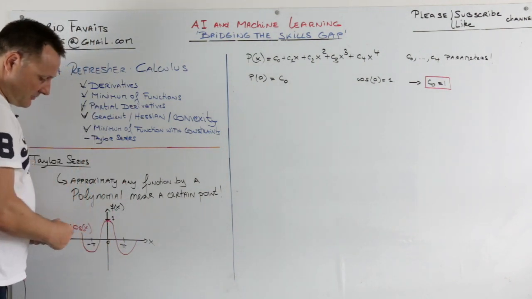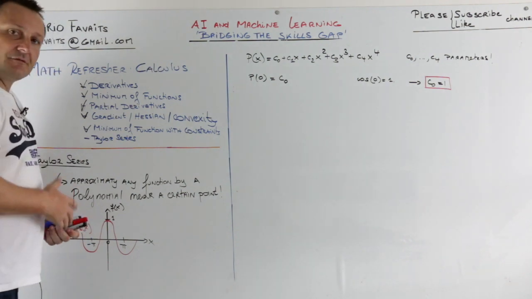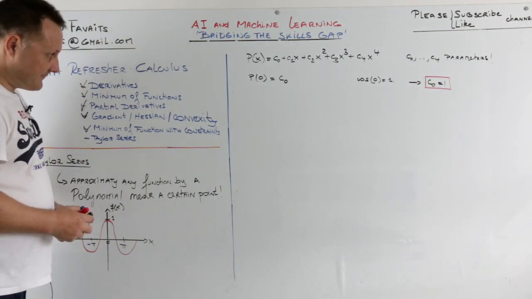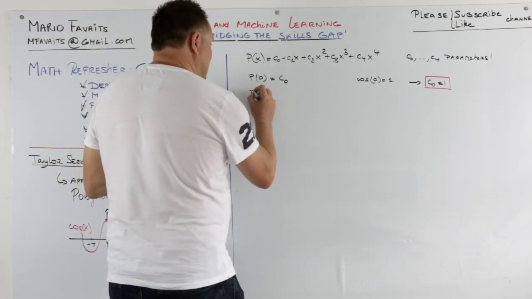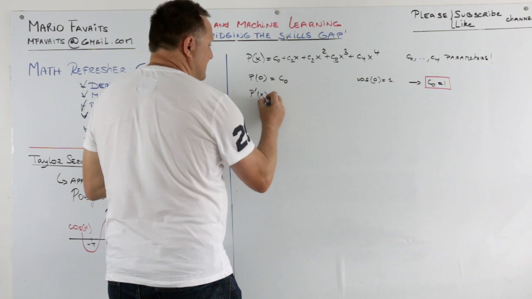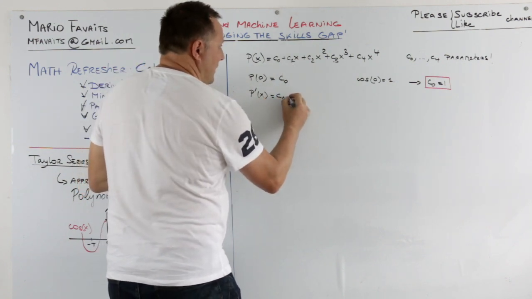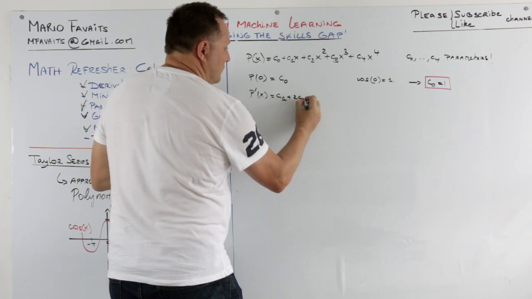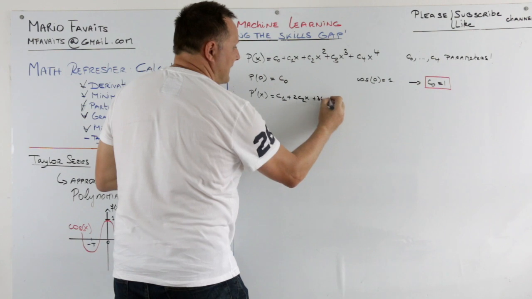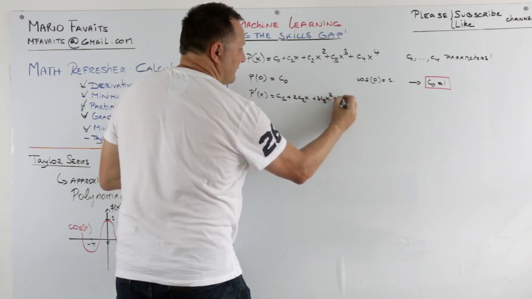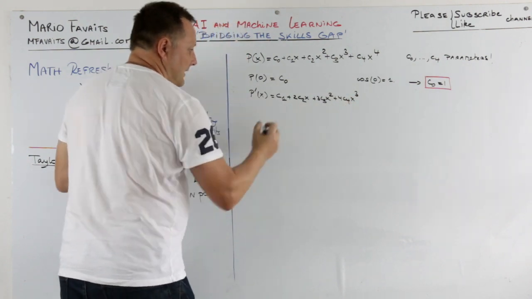The next thing we're going to do is, near that point, make sure that the first order derivative matches. The first order derivative we're going to write as P prime x. That is C1 plus 2C2 x plus 3C3 x squared plus 4C4 x to the power of 3.